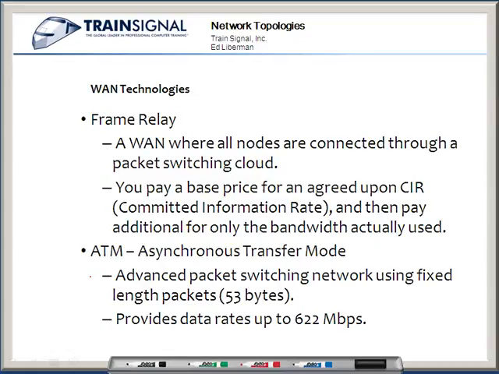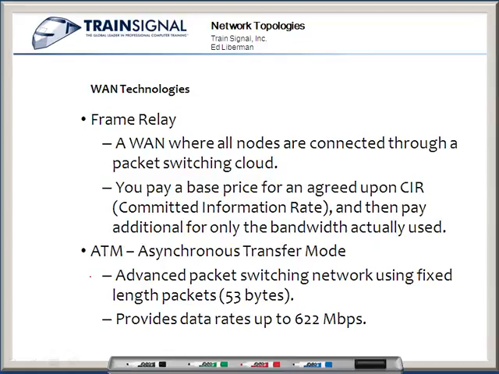Now, the main thing that I want you to know about this is that if you're going to get frame relay, what you do is you pay a base price to the carrier for what's called a committed information rate, or a CIR. This is like a minimum rate of throughput.